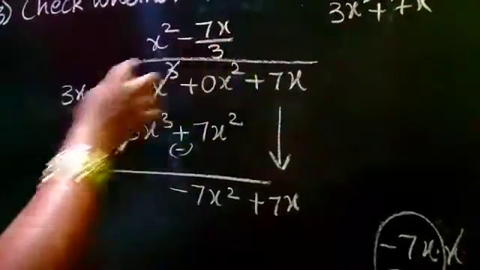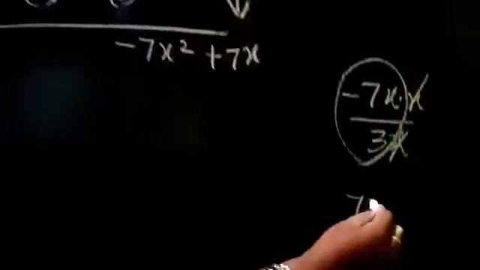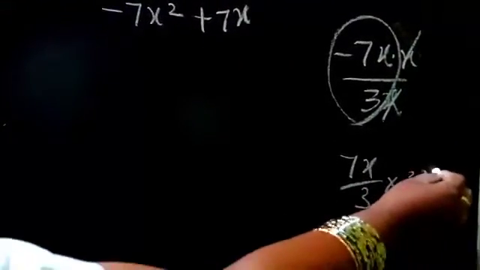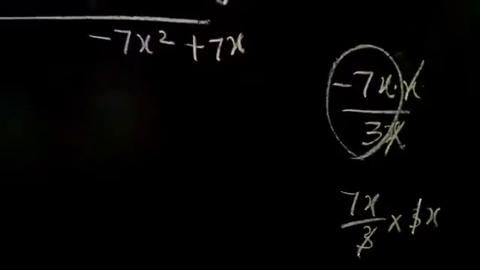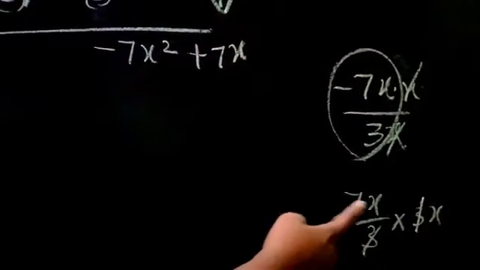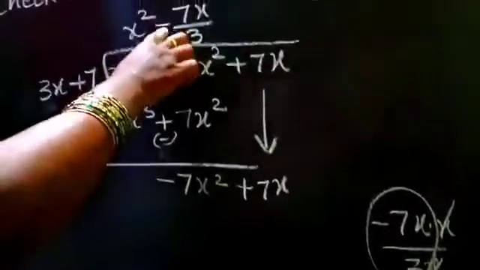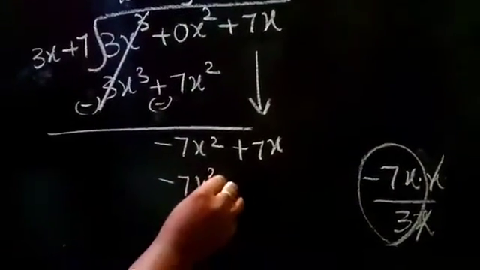Along with this, we have to multiply both the terms. That is 7x divided by 3 into the first term 3x. So this 3 and 3 will get cancelled. So we'll get 7x into x, 7x square. So here minus and plus, we have minus 7x square.